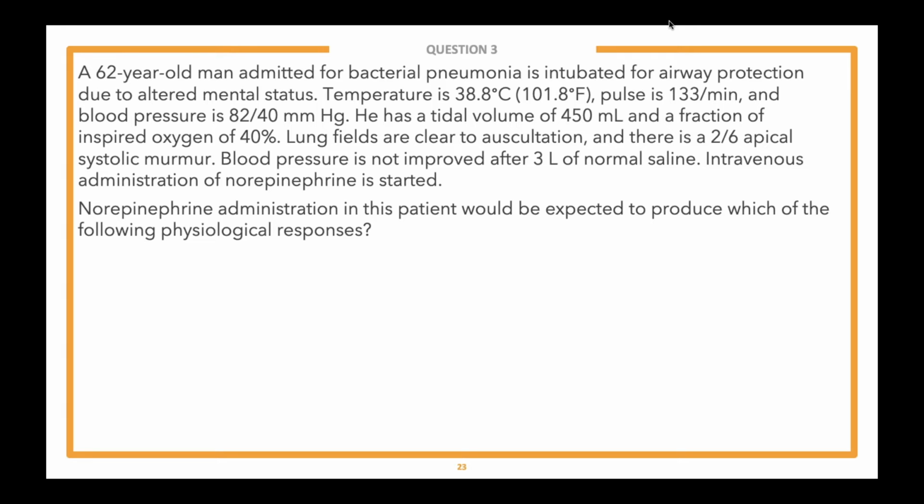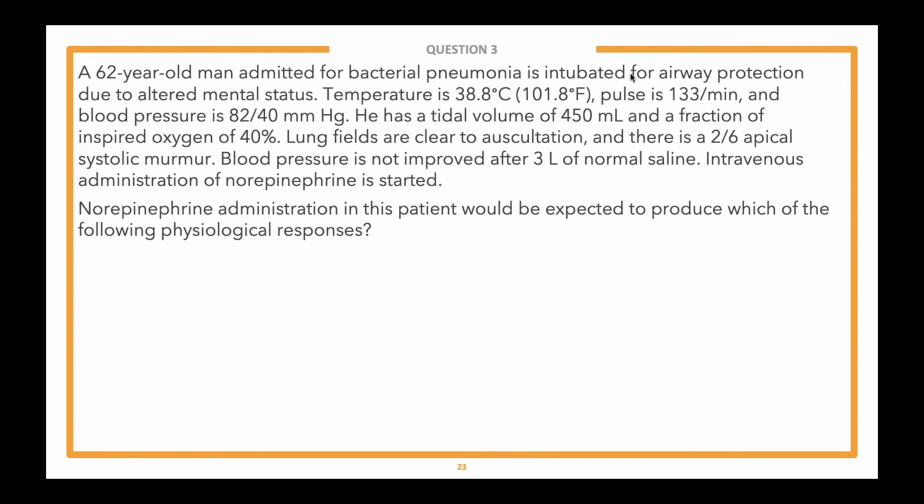Lung fields are clear to auscultation, and there is a 2/6 apical systolic murmur. Blood pressure is not improved after 3 liters of normal saline. Intravenous administration of norepinephrine is started. Norepinephrine administration in this patient would be expected to produce which of the following physiological responses?